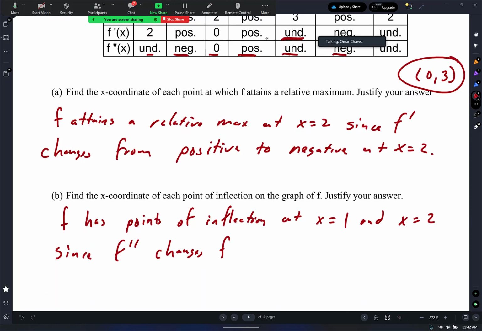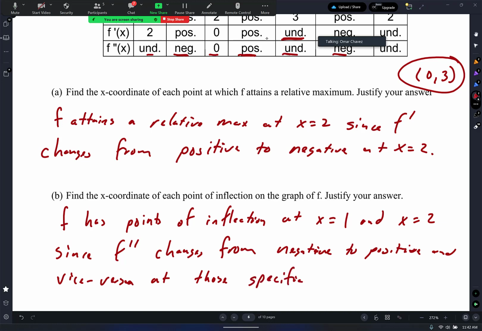Changes from negative to positive and vice versa. If you want to say positive to negative, that's fine. And vice versa at those specific x values. And there it is.